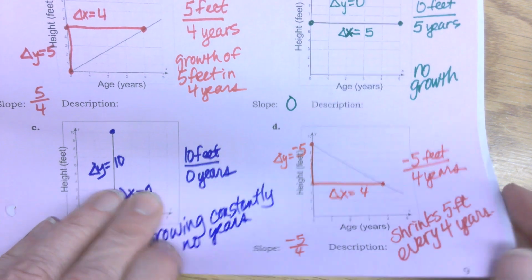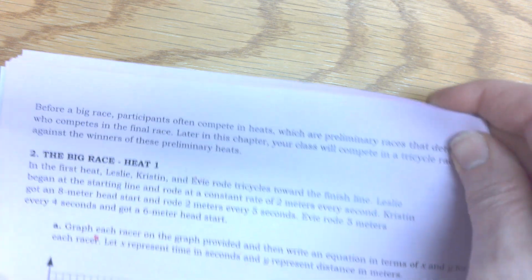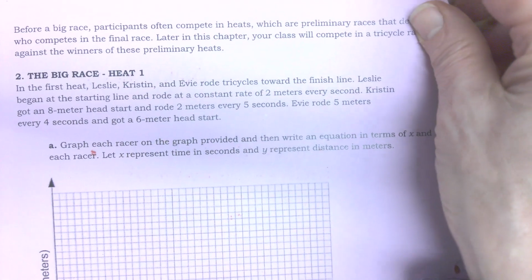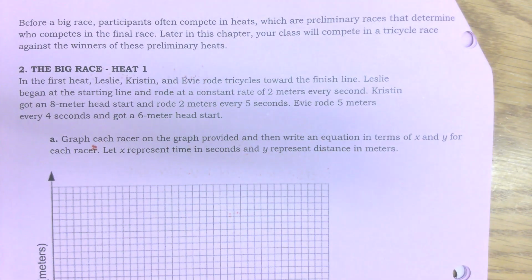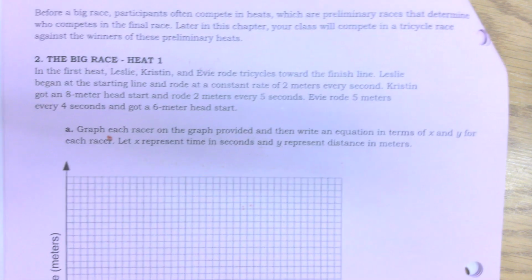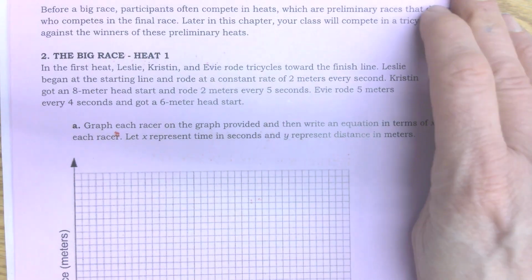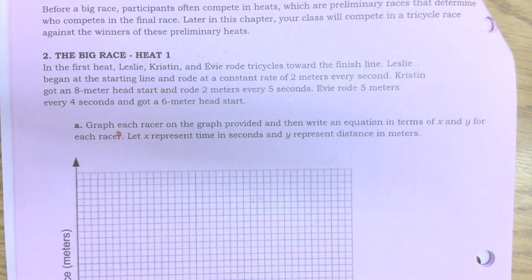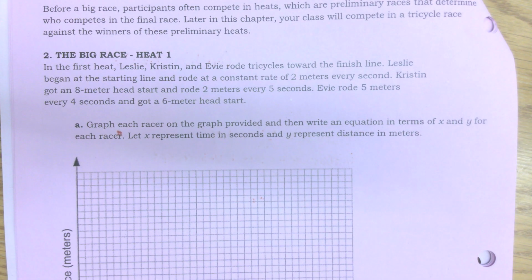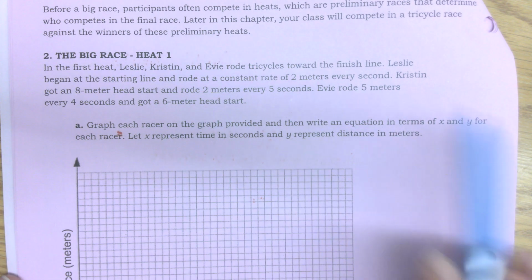Okay? So let's put that into action into what we call a race. There's a lot to think about, and you're going to be on your own on a very similar problem Monday for virtual. So I want to think about what we're doing. We have to read this whole thing.